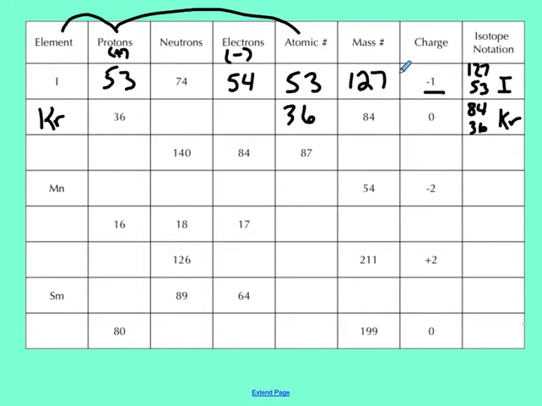So I'm going to find my mass number of 84, and I'm going to subtract off my atomic number of 36. And when I take 84 minus 36, I'm going to end up with 48 neutrons. Alright, and then we're back to the electrons again. Remember, this time the charge is 0, so that means that the negatives and the positives should be equal, so this is also still just 36.